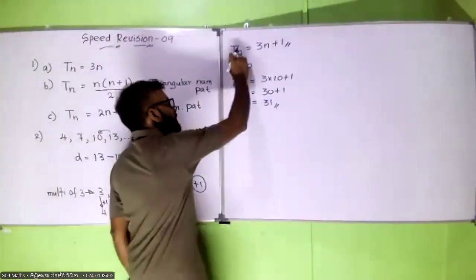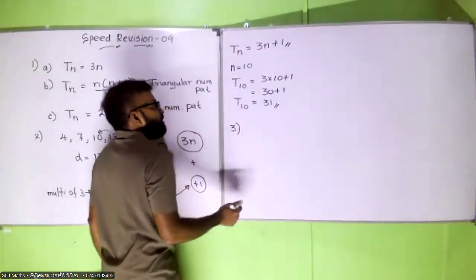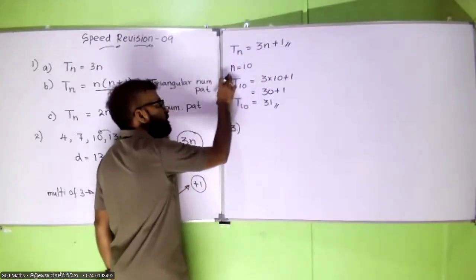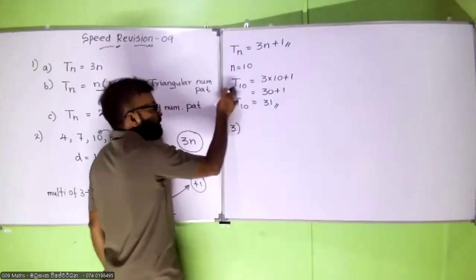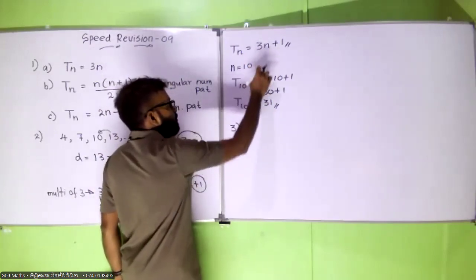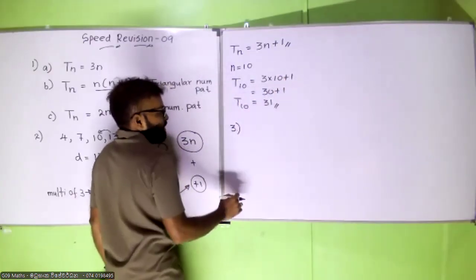That is Tn equals 3n plus 1. If you want to find the 10th term, just substitute n equals 10. So T10 will be 3 times 10 plus 1, 30 plus 1, 31.